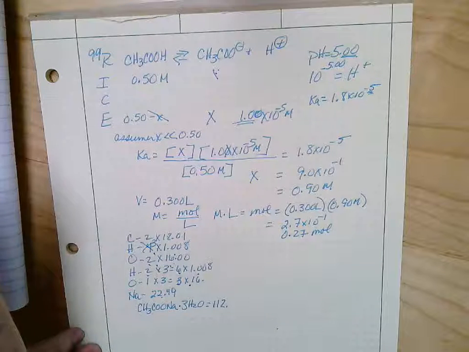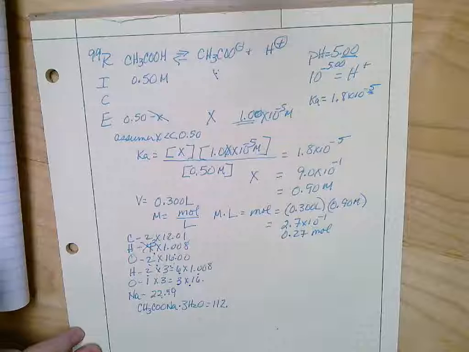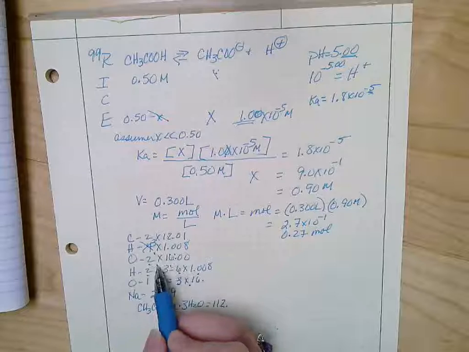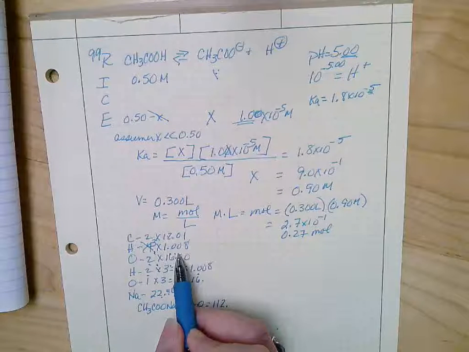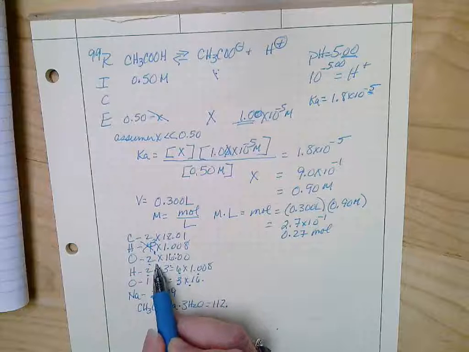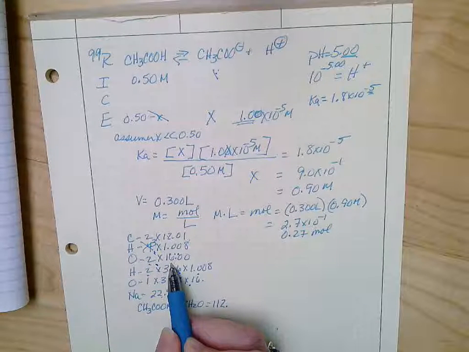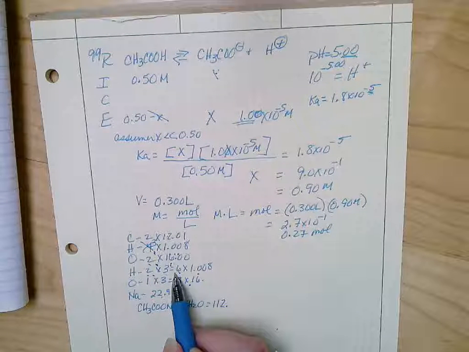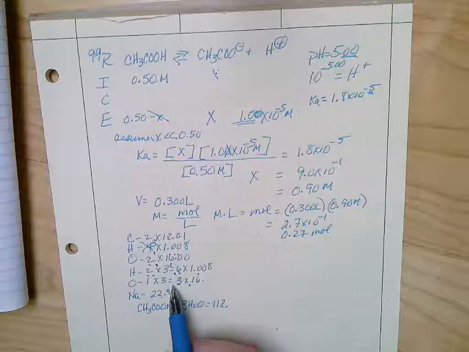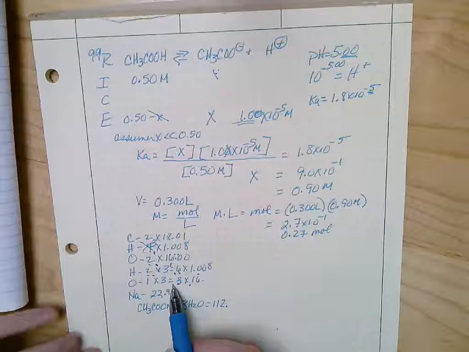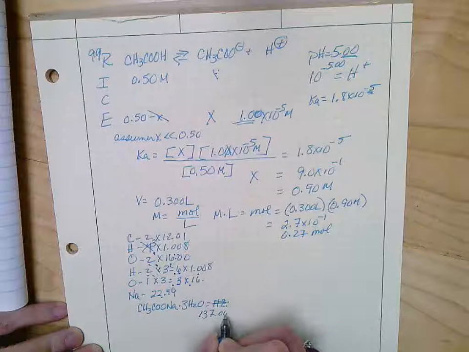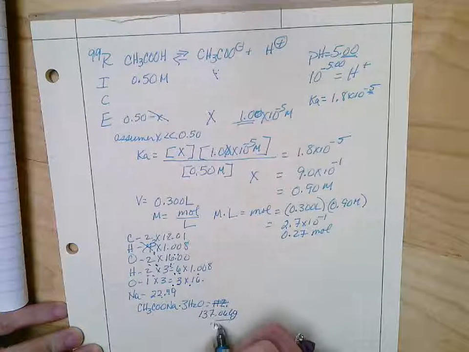Wait, I made a mistake. 12.01 times 2 plus 3 times 1.008 plus 2 times 16 plus 6 times 1.008 plus 3 times 16 plus 22.99 equals 137.066, and that's grams per mole.